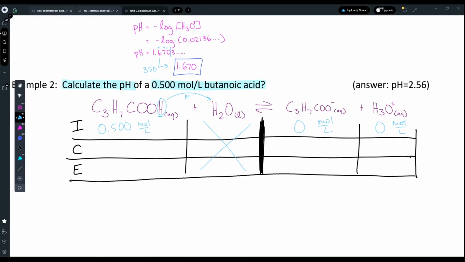Okay, so in the change row, because we only have reactants, this reaction is going to want to shift to favor the forward reaction in order to produce some products. So then I'm going to go minus x, plus x, plus x.